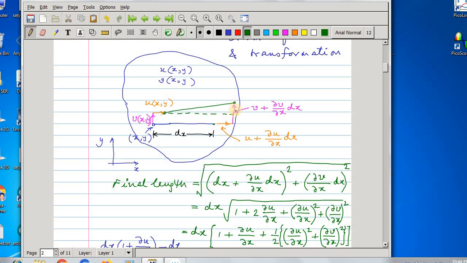And the other is v, which is del v del x dx, so we have del v del x dx squared.